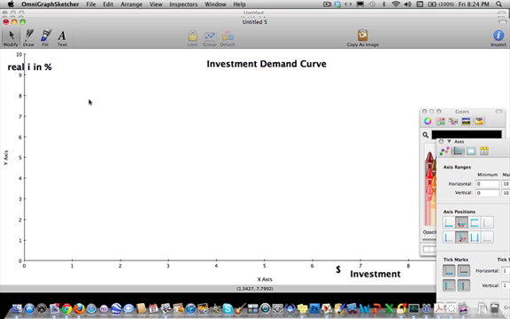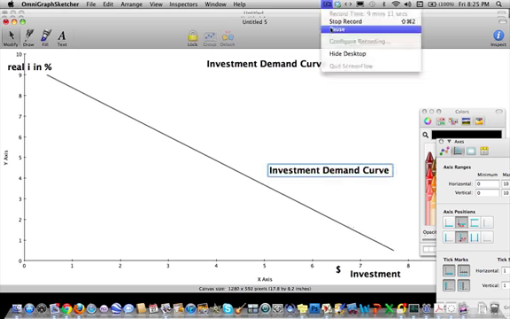Now, the bigger the interest rate is, the more businesses will want to put their money in banks and not buy machinery, because it's easier to make money just by putting the money in the bank. But the lower the interest rate is, the more businesses will not want to save their money in the bank.